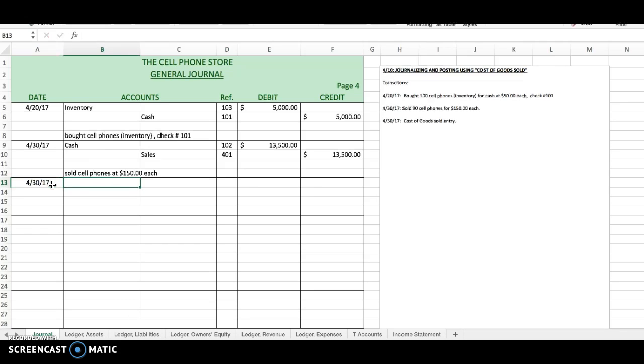So we now have to use a new account. It's actually an expense account that we haven't had before. It's called cost of goods sold expense. And that will account for the money we spent for those cell phones that we sold.